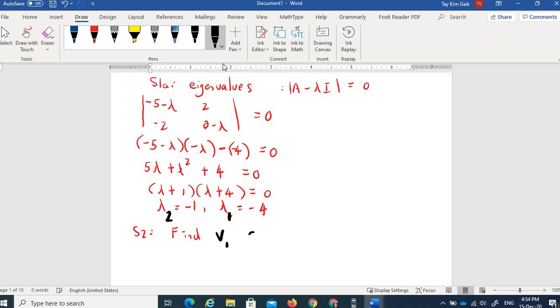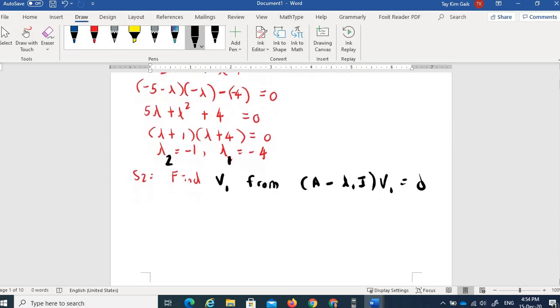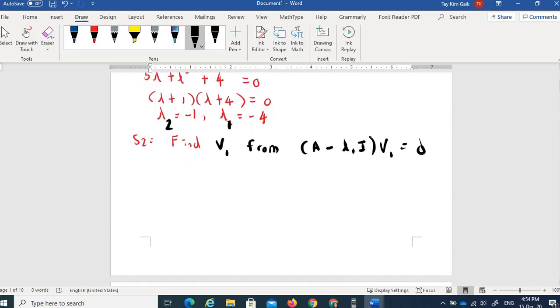You find V1 from the system A minus lambda 1 I, V1 equal to 0. So I repeat, put back the A from just now, negative 5.